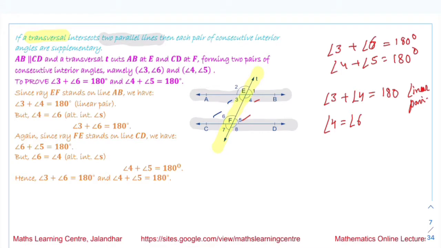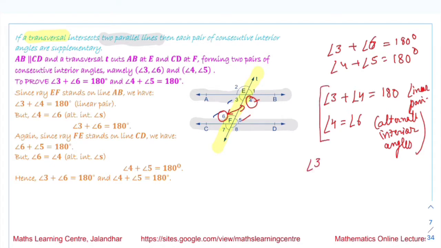Because angle 4 and angle 6 are alternate interior angles, so these two angles are equal. So from these two results we get angle 3 plus angle 6 is equal to 180 degrees, and this is what we have to prove.